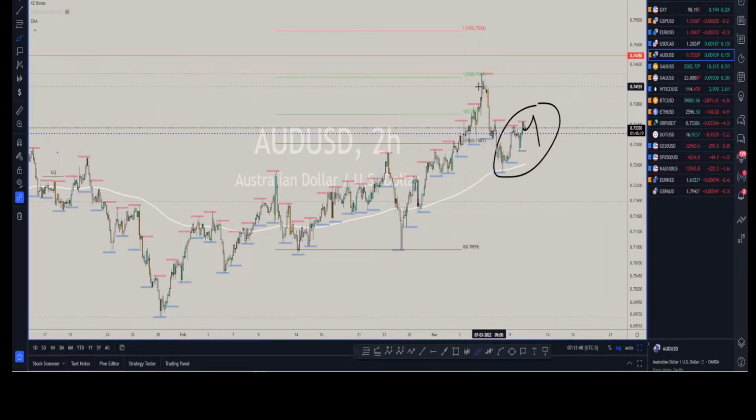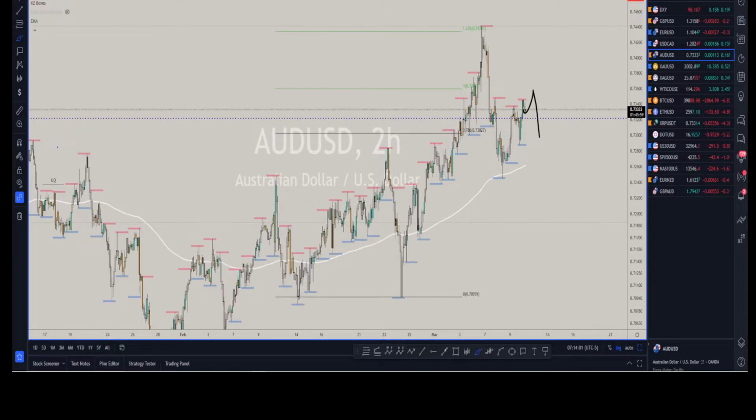Sometimes if it's clear to me, I will wait for this to play, then I will trade the opposite of this. But sometimes, especially if I see another completed wave on lower time frame here, I will just step on the side and wait for clarity.